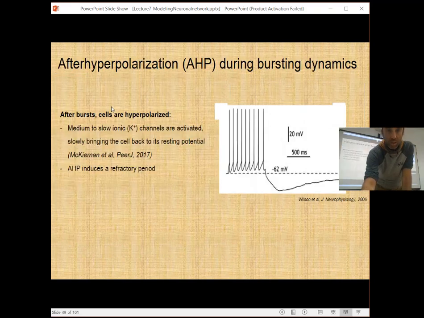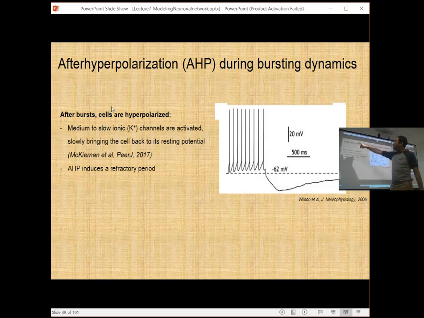Okay, so I think I will stop here, and next week I will introduce for this a new phenomenon which is called after hyperpolarization. It is the fact that if you have a spike, after the last one, there is a period of time where the neurons go into a mode where nothing can happen to them.